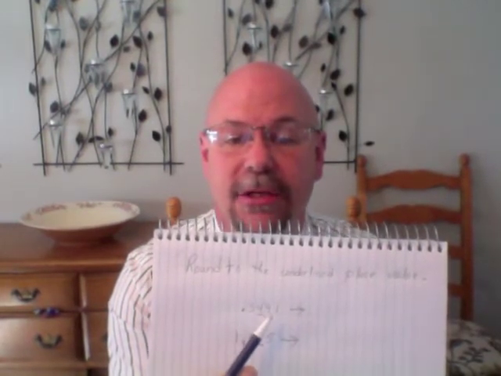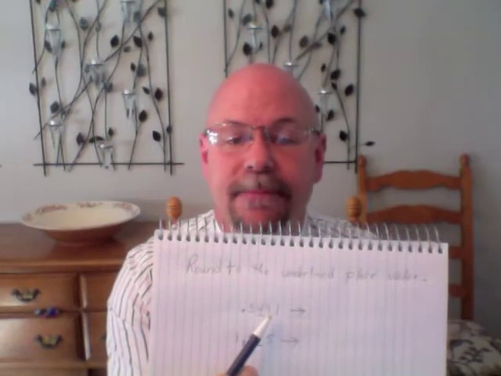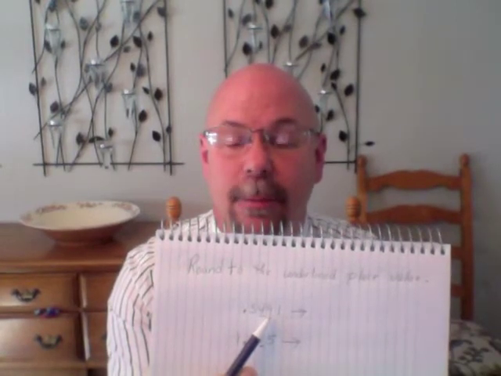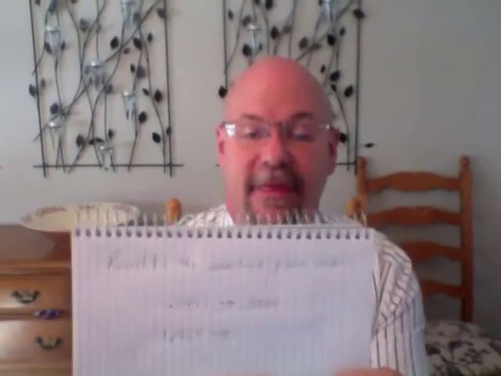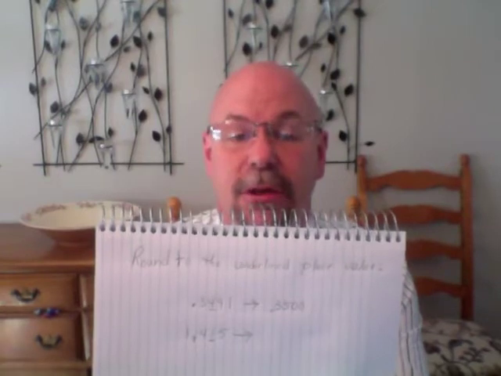So I look at the hundredths place. Since that is a 5 or above, I round that number up. And my new number will become 3,500 ten-thousandths. Notice that I have the same number of decimal places in my rounded number as I had in my original.